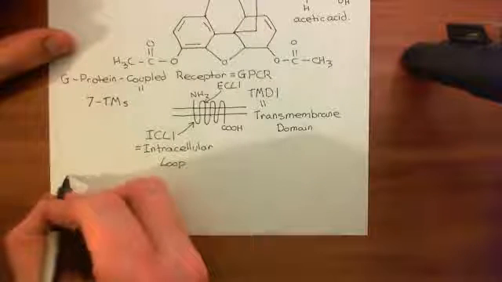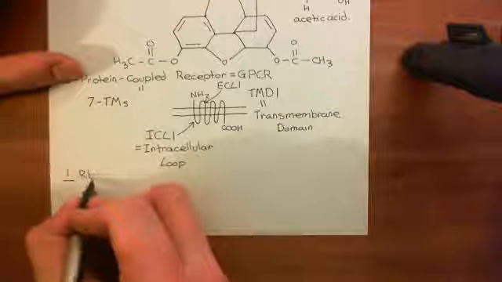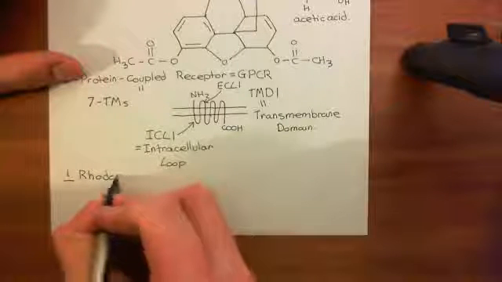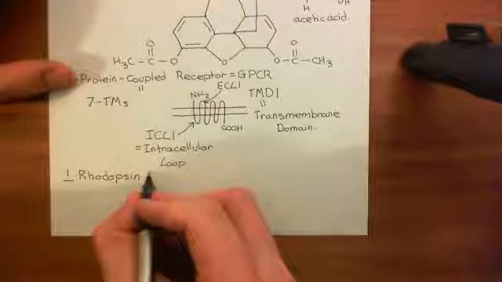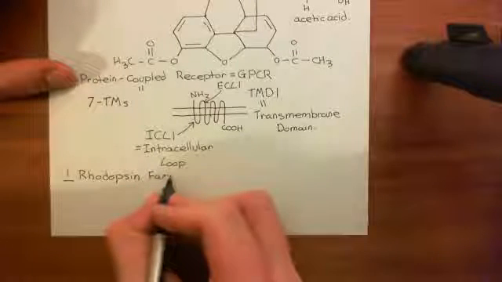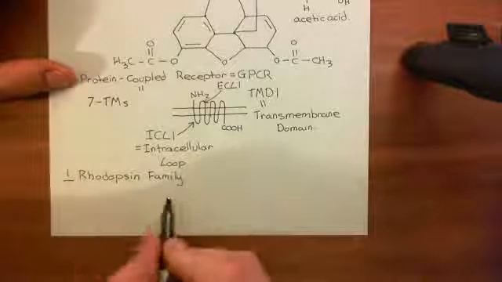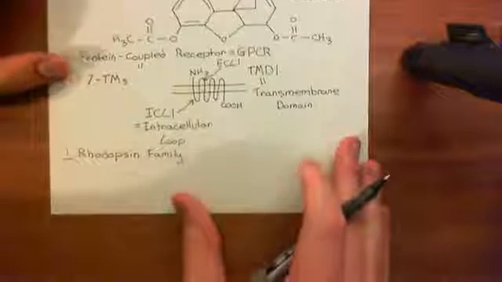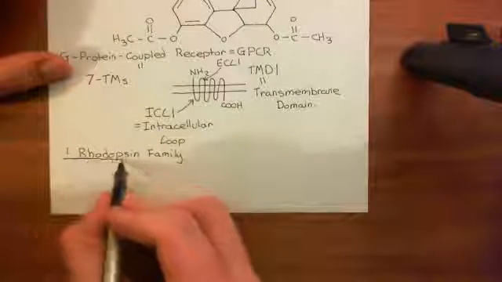Family 1, which is the most important family, is the rhodopsin family of G protein coupled receptors. This is easily the biggest family of G protein coupled receptors. There are over 750 members in this family alone. So 750 out of the total 800 G protein coupled receptors are in this rhodopsin family.